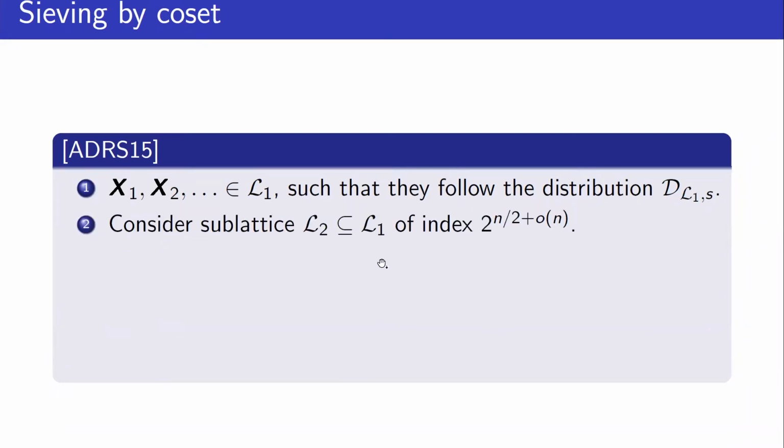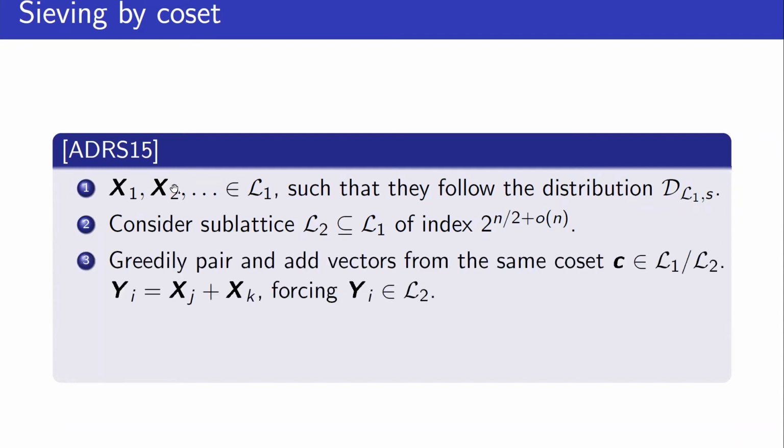And what we do is consider some sublattice. Actually, it has to be a nicely chosen sublattice, L2, of index 2 to the n over 2 plus small o of n. The index basically says that there are this many cosets in L1 over L2.